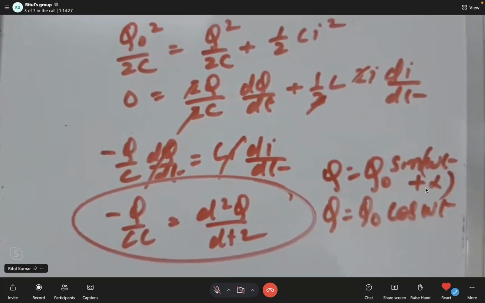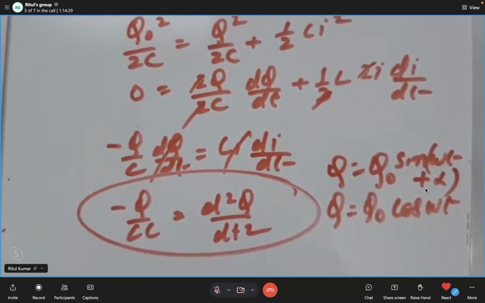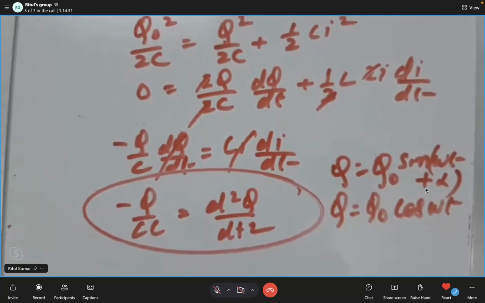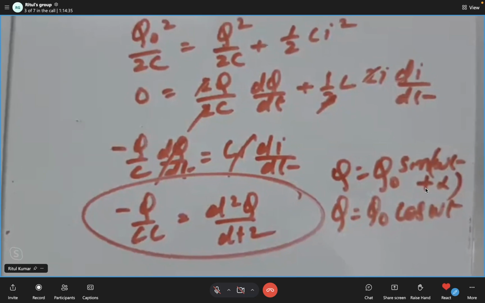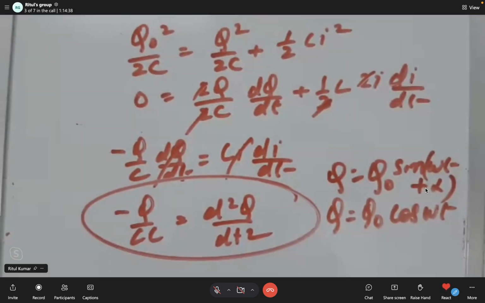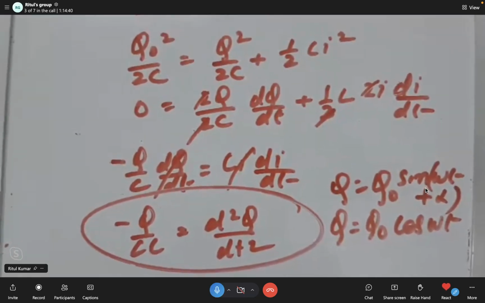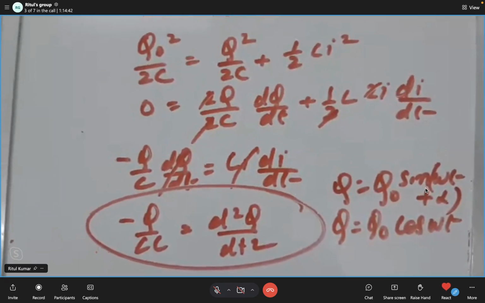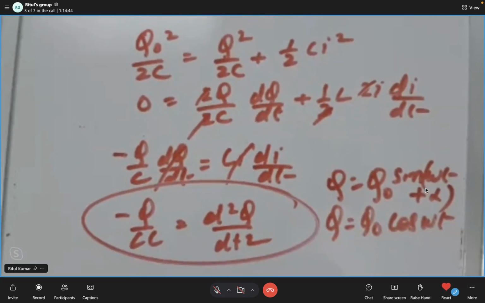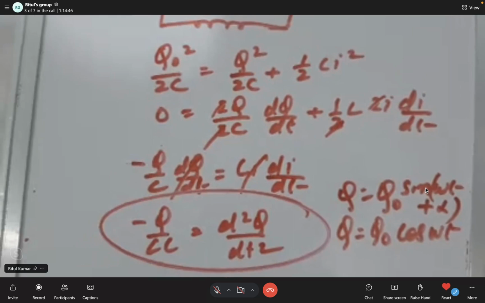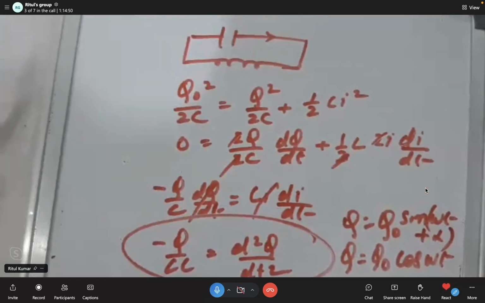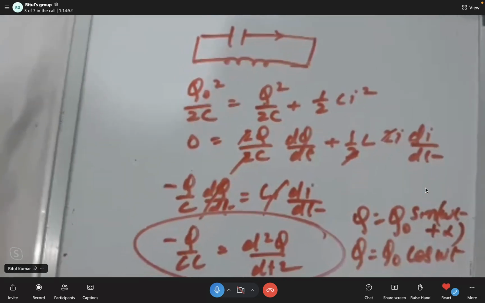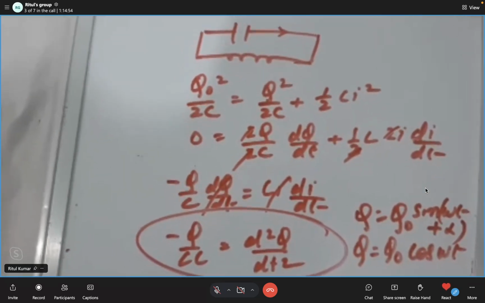Okay. If this is the function, omega being known to us, can you tell me there will be a time when charge will become 0, correct? After charge becoming 0, current will flow or not? So current will be at its peak when charge becomes 0, right? Charge becomes 0, current will be at its peak, okay?